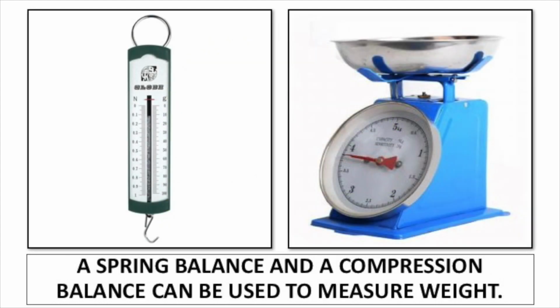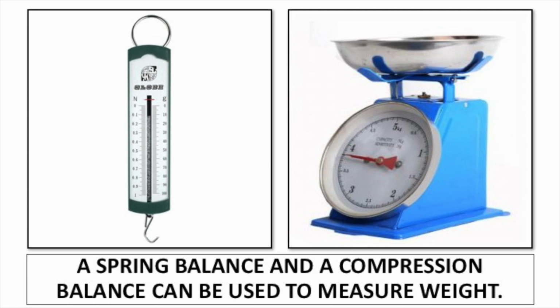A spring balance and a compression balance can be used to measure weight. Okay, so if you have to measure the weight of objects, these are the two things you can use. This is what's known as a spring balance. And do you know why it's called a spring balance?